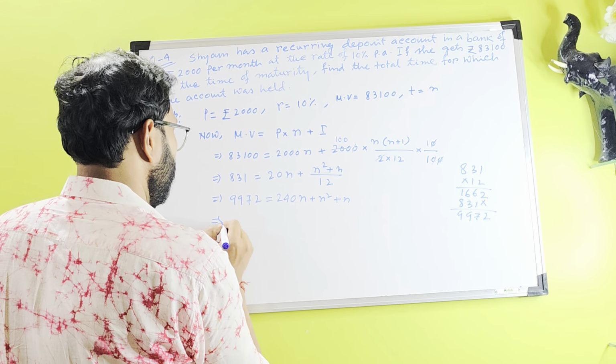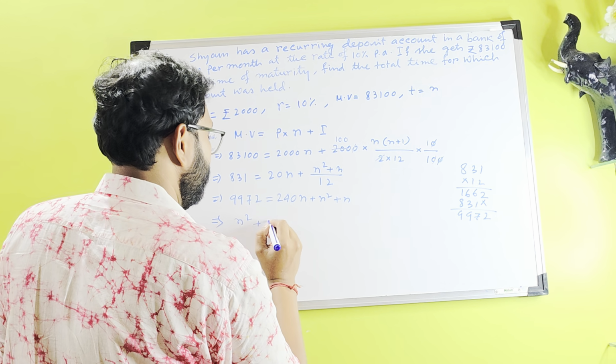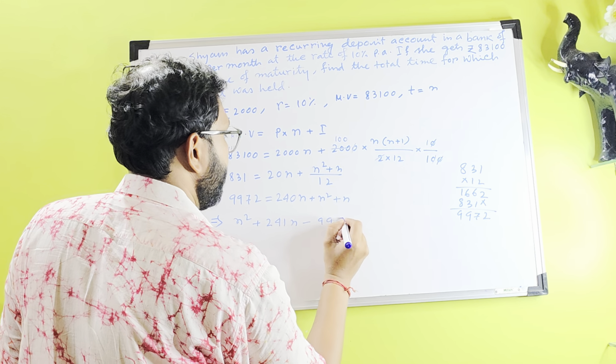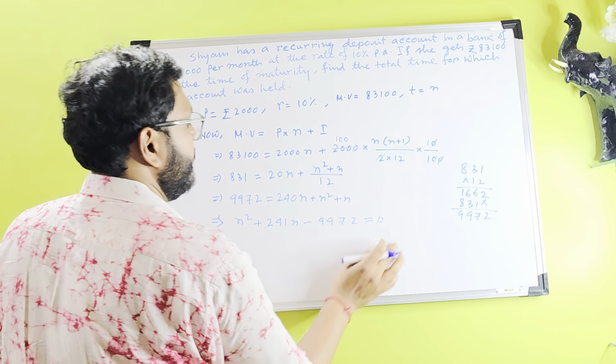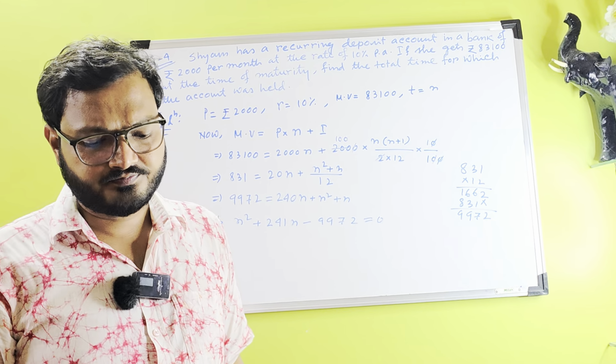So there is a quadratic equation. It seems to be difficult, but it's not. n square plus 277n minus 9972 equals 0. Now you have to solve this quadratic equation.